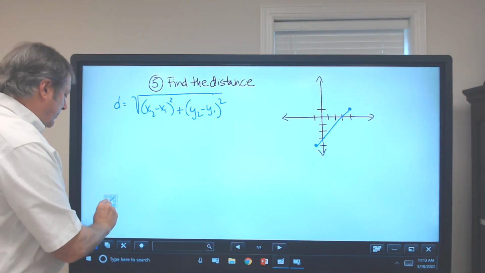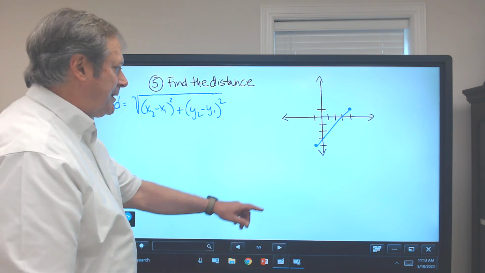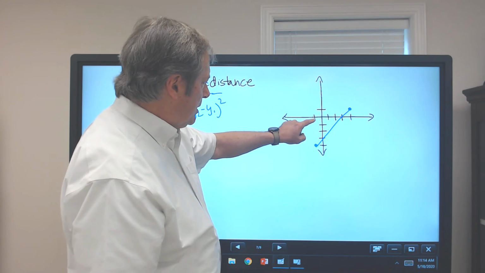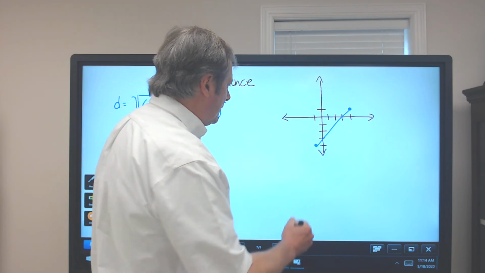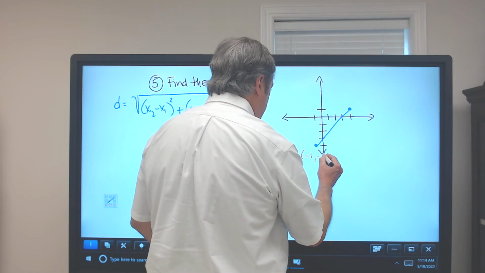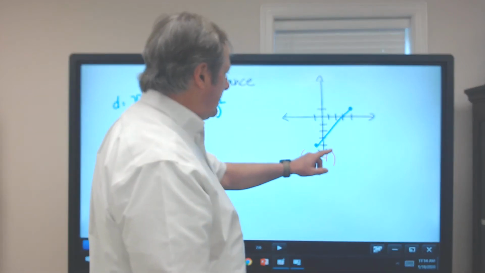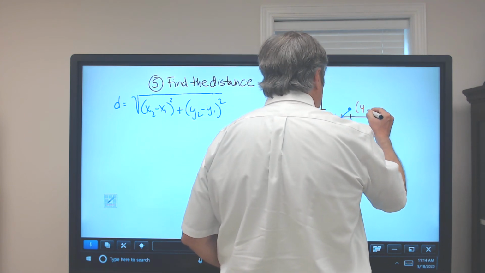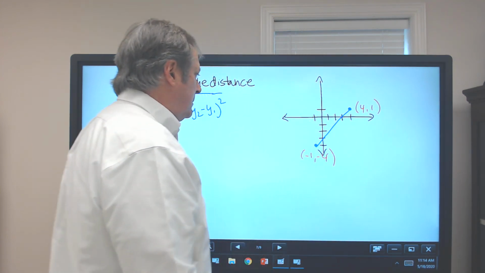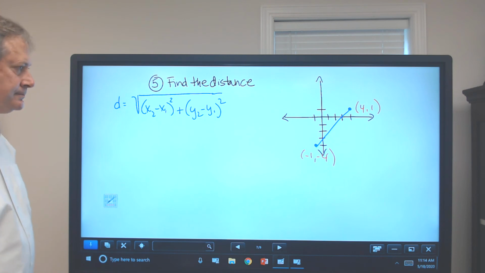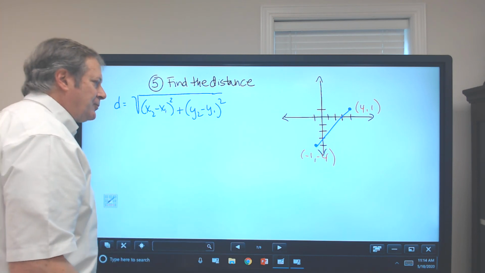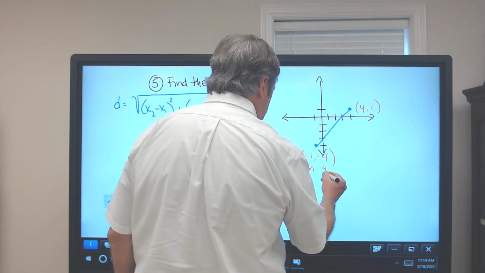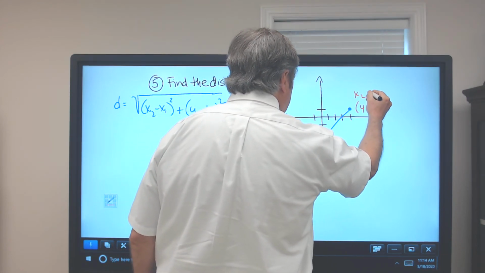All right, so the first thing we want to do now is identify these ordered pairs. This one here is negative 1, negative 4. And this guy over here is 1, 2, 3, 4, up 1. All right. Now, it does not matter which one you call x sub 1, x sub 2. Let's just call that x sub 1, y sub 1, x sub 2, y sub 2.